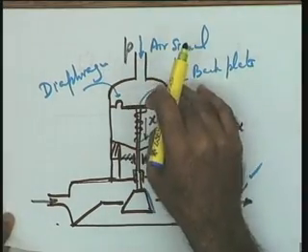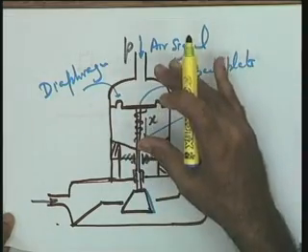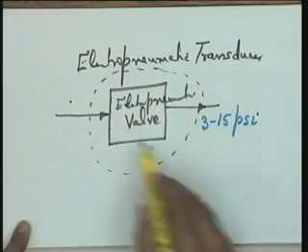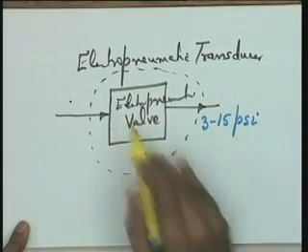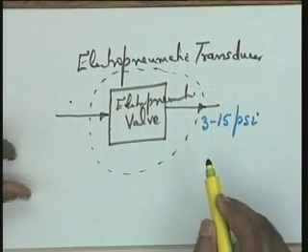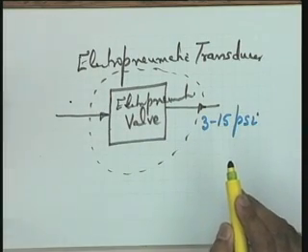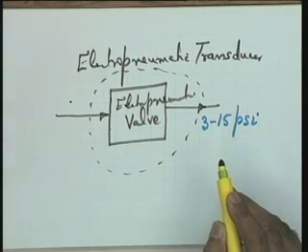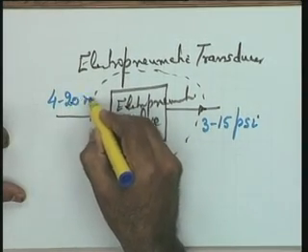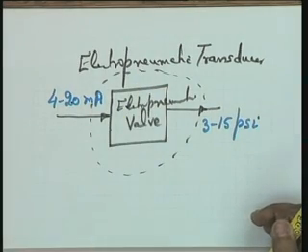So, see this industry standard: 3 to 15 psi is a standard input signal coming to a control valve. This is a standard output of the electro-pneumatic transducer or the electro-pneumatic valve. What is the input? The input is an electrical signal, which could be voltage or current. It has been standardized in the process industry to 4 to 20 milliamperes. So, it is for you to generate a suitable interface.